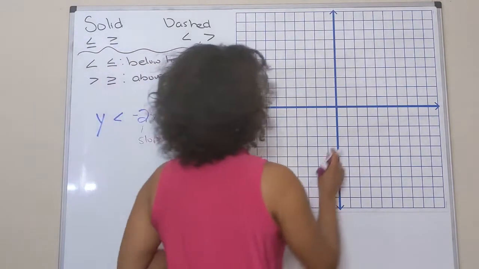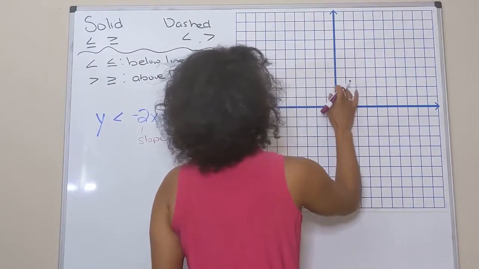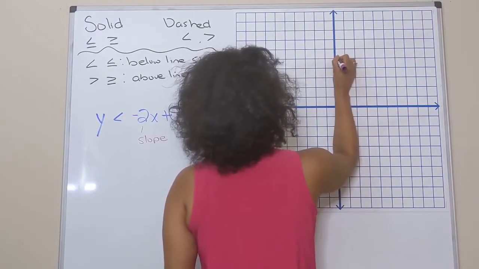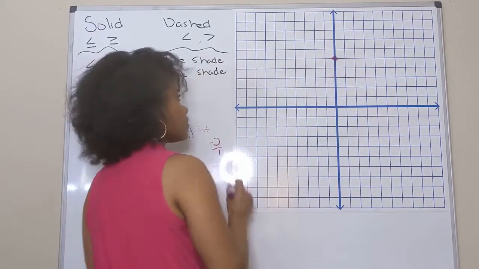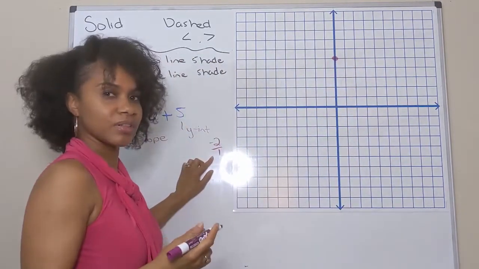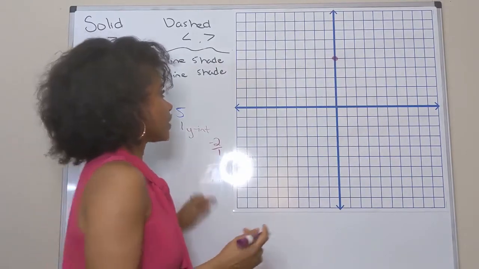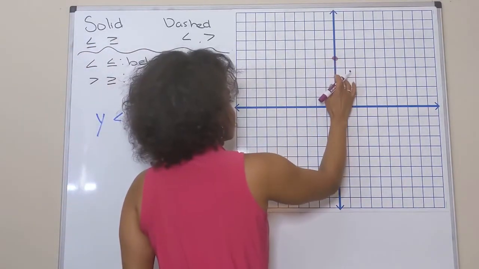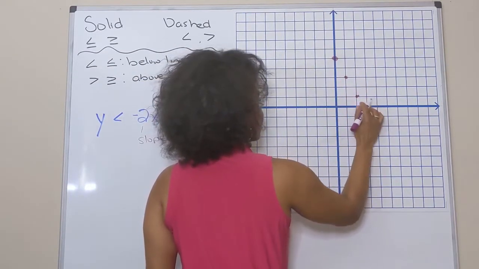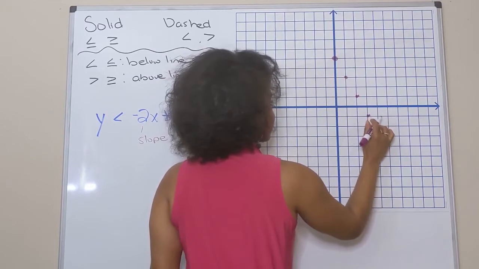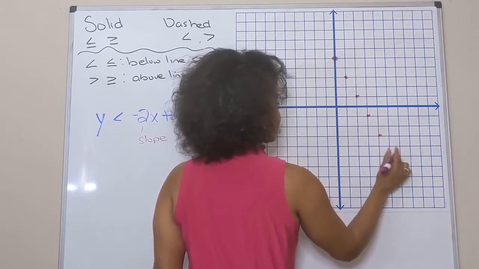So plotting 5 on my y-axis, 1, 2, 3, 4, 5. My slope is negative 2. So I'm going to use negative 2 over 1 because I need a 1 underneath for my run. So I'm going to go down 2 and to the right 1, down 2 and to the right 1, down 2 and to the right 1.